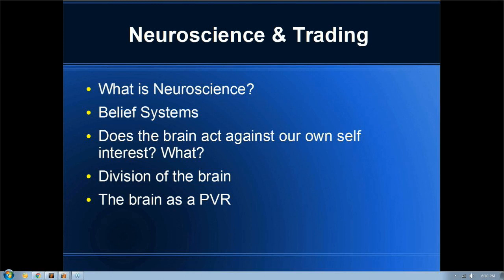Now, of course, just like some people are more susceptible to heart disease or cancer, some people are more susceptible to doing things with certain parts of the brain, whereas other people are more susceptible to doing things with other parts of the brain, and that's going to play out a little differently when it comes to trading. But there are certainly a lot of constants that happen to all of us.